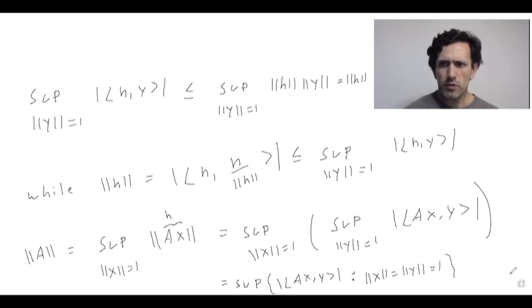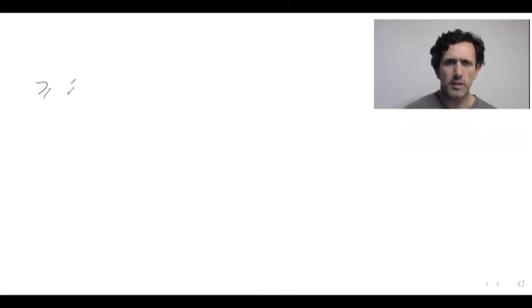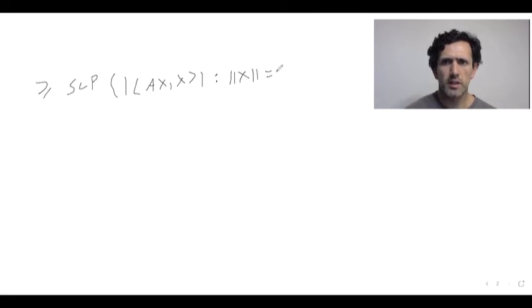Okay, and this is certainly bigger or equal to the following. Just setting X equal to Y, this is bigger or equal to the supremum of all these inner products over X with norm 1.